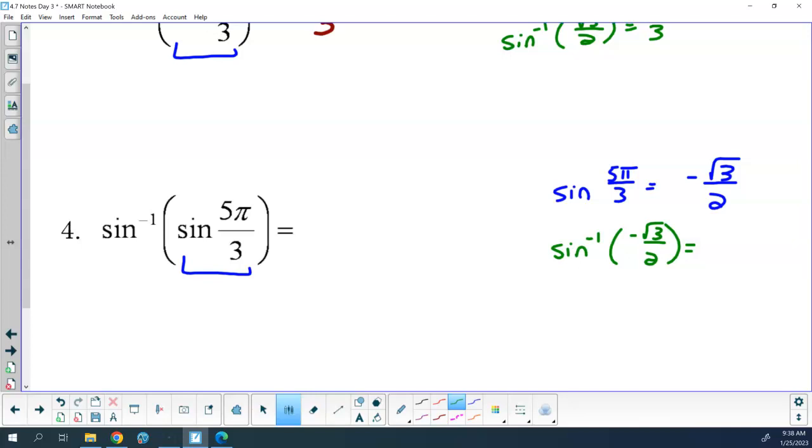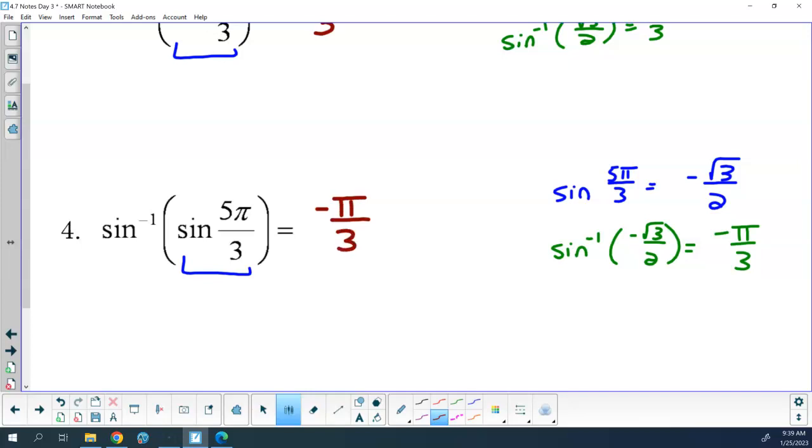Well, where am I looking now for inverse sine? Right half of the unit circle, right? 5 pi over 3, yes, is in there, but does 5 pi over 3 fall within the acceptable values of inverse sine? It doesn't, so this one actually is negative pi over 3, which is the same as 5 pi over 3.